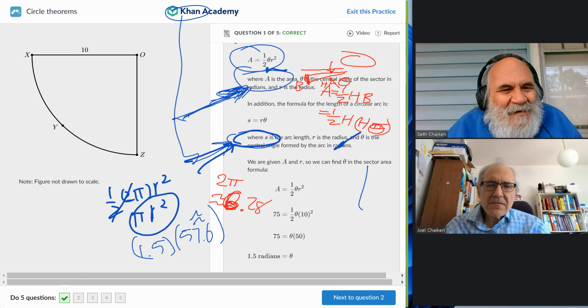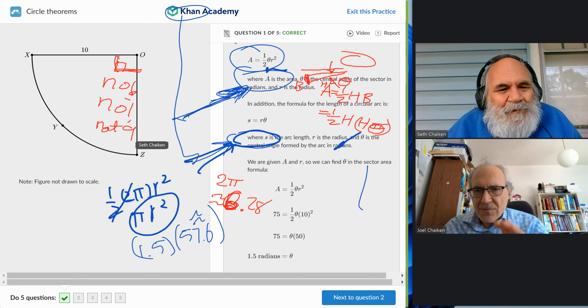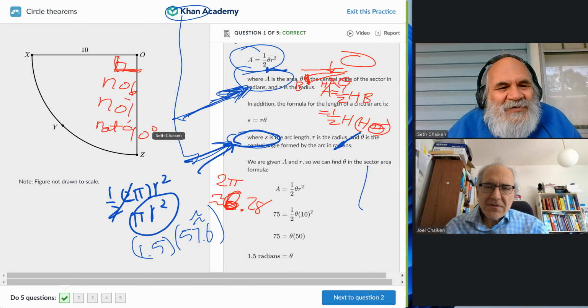We cannot assume from the picture that this is a right angle. That's another thing in geometry: you cannot assume anything. You only do what you are told. Even though it sure looks like a right angle, don't be deceived by that.